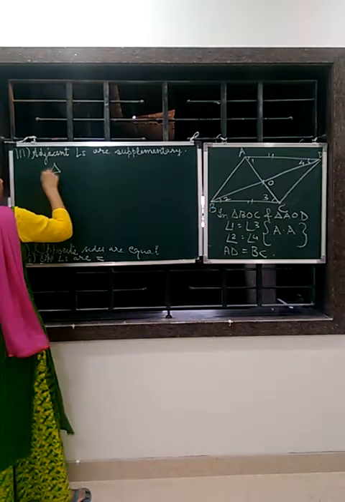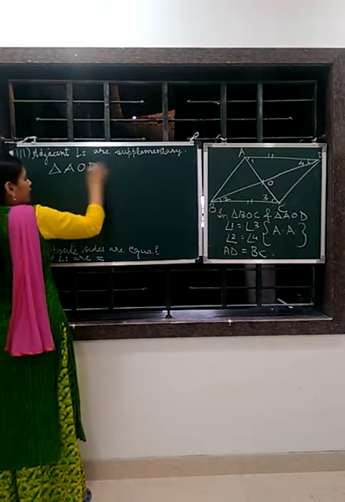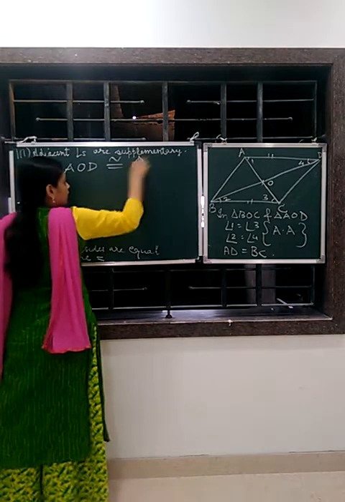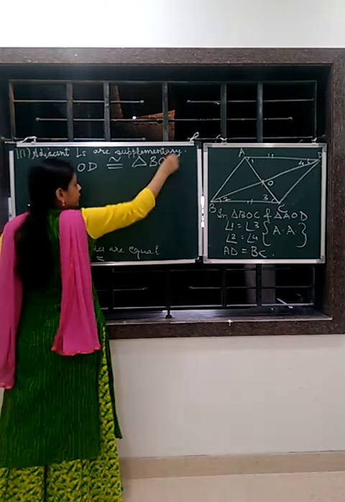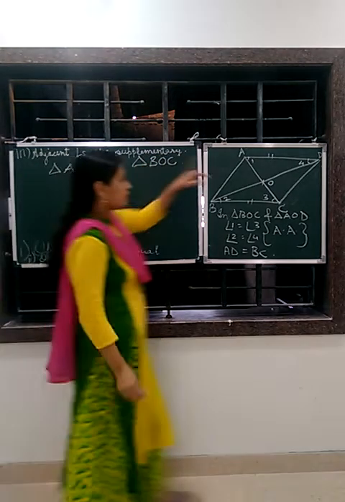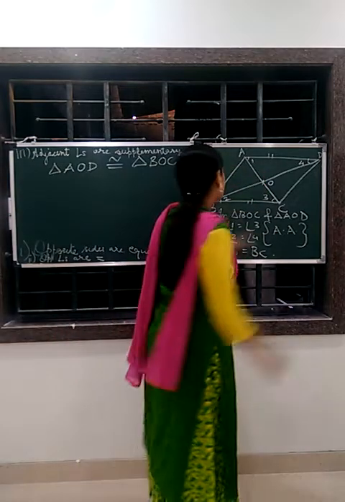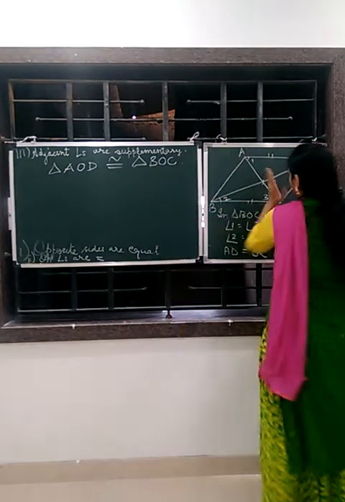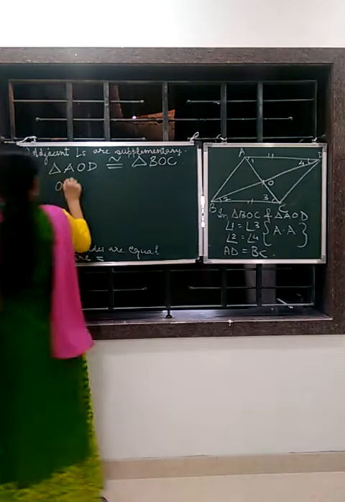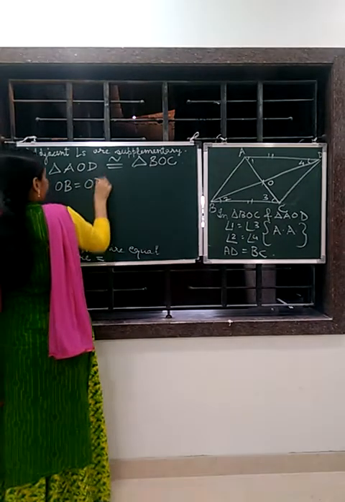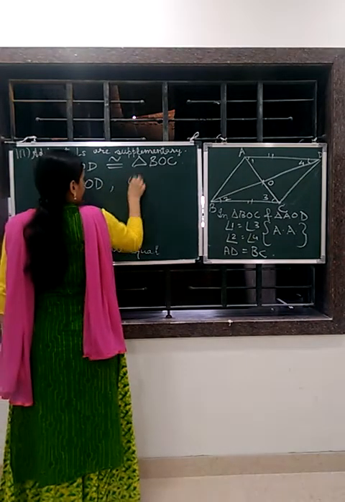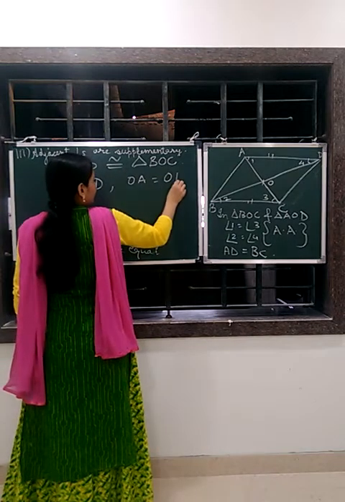Now since these two triangles are congruent, OB will be equal to OD and OA will be equal to OC.